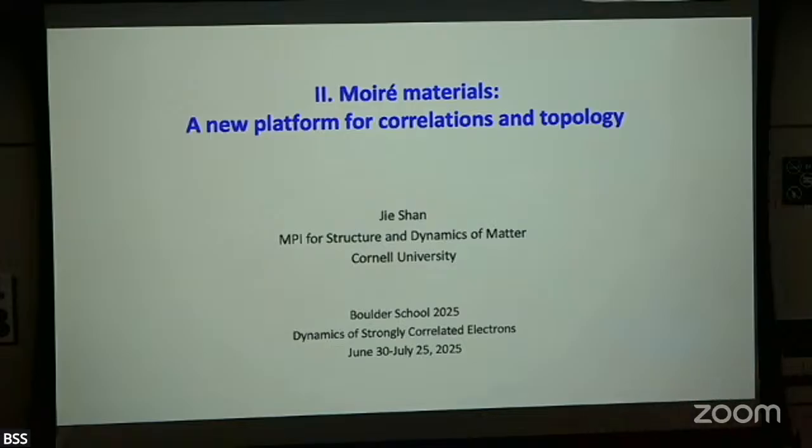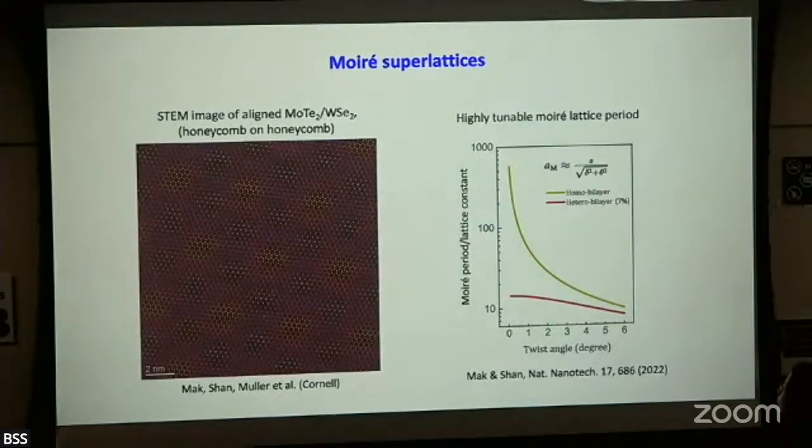So I think Alan has already discussed quite a lot about moiré materials, so I just want to show you some experimental data. There are two different ways to make moiré materials. One is to use the same material, the same monolayer, cut it in half, pick one up and put it on the other by controlling the relative twist angle.